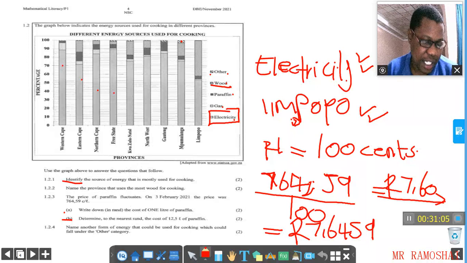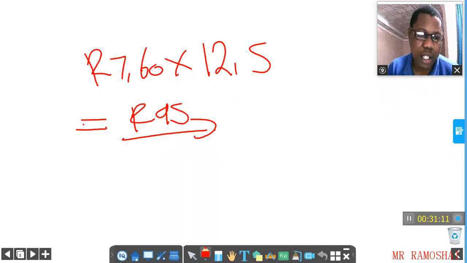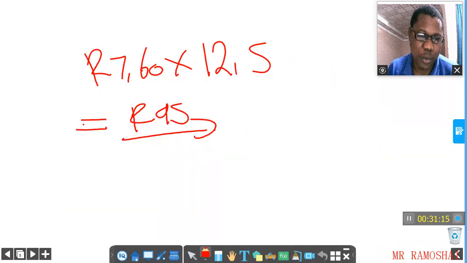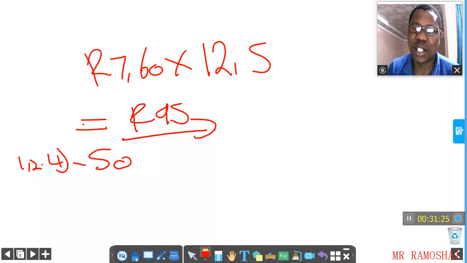So we must think about anything that is not here, right? This is number 1.2.4. First thing, when there is no electricity, people use solar. It means solar can be one example of an energy source that we can use to cook, right?